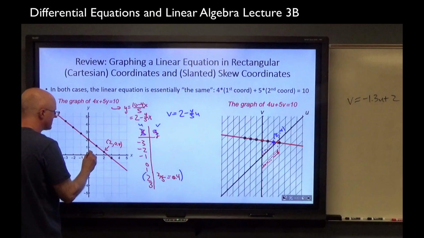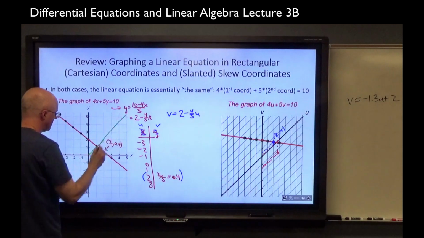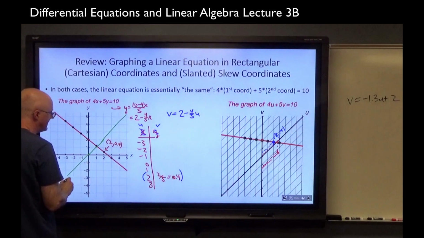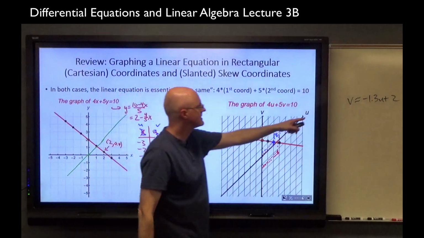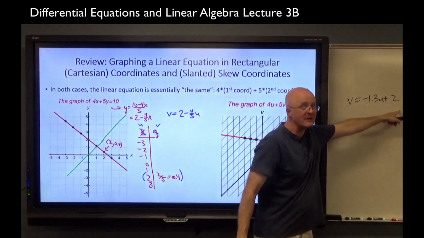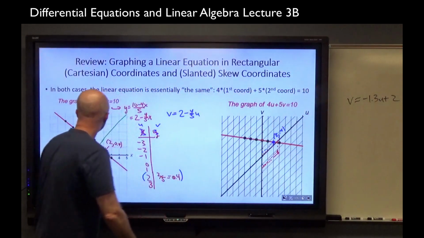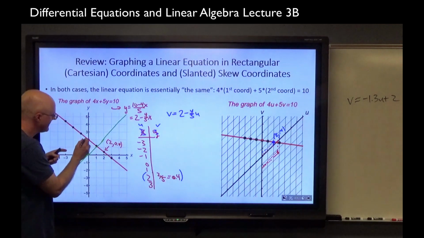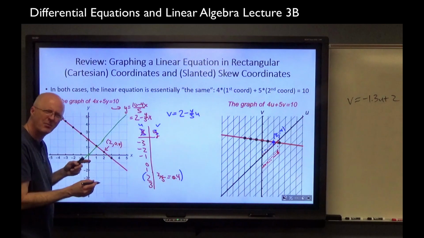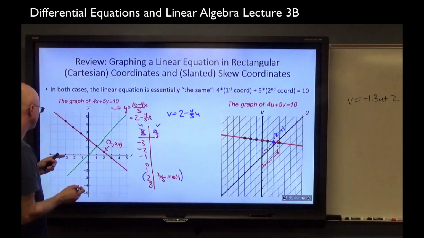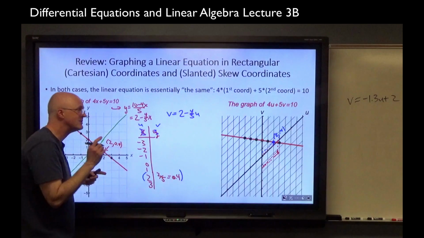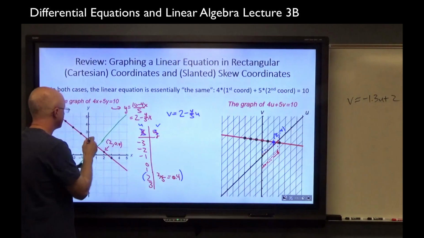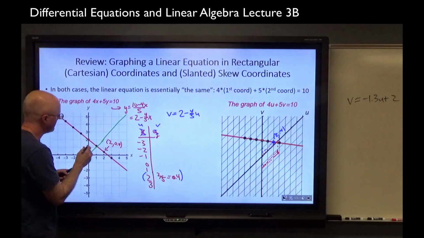The u-axis is going to go like this. This equation, vertical intercept of 2, it's the same set of points. Slope, negative 1.3. Rate of change of v with respect to u is negative 1.3.